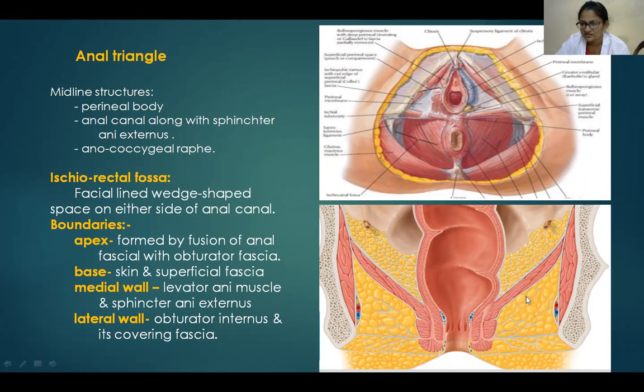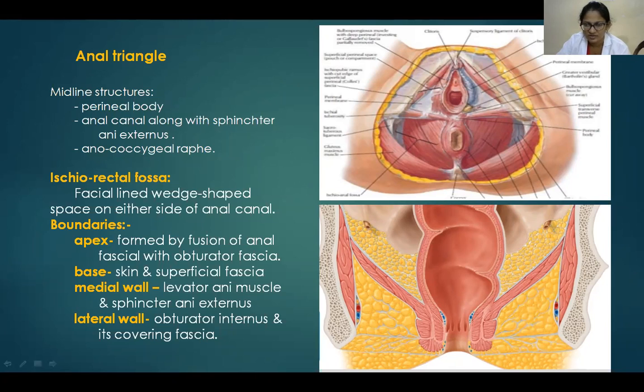The inferior surface of the levator ani is covered by the anal fascia, and the obturator internus muscle is covered by the obturator fascia. Where these two fascias meet, this point is called the apex of the ischiorectal fossa.